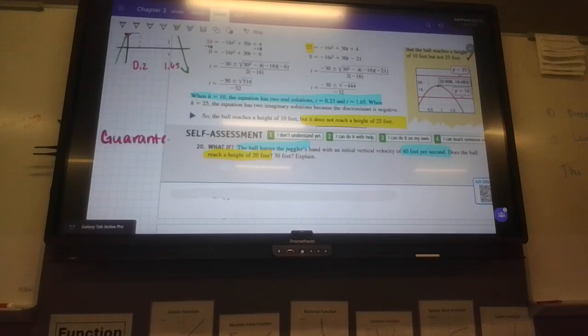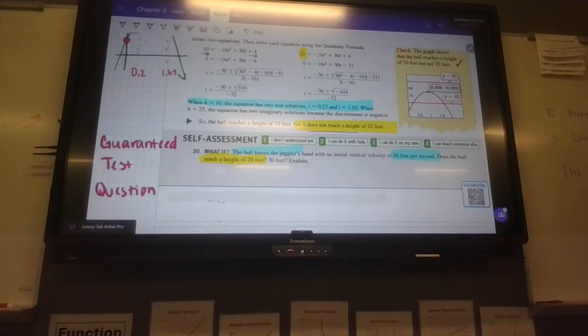So it's guaranteed, like those exact numbers? No, not these numbers. I guarantee you it's not these numbers. It's this formula and this wording with different numbers. It probably won't be about a juggler. It'll be about something else.